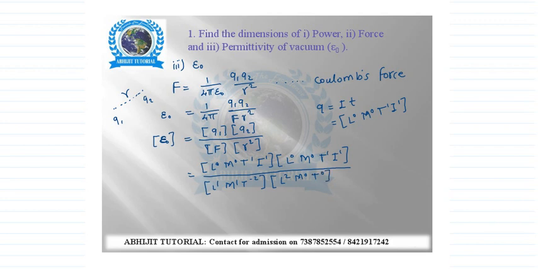By solving this, you will have the dimensions of permittivity as L to the power minus 3, M to the power 1, and for T, it should be T raised to 4, since the minus 2 in the denominator goes to the numerator and becomes a plus 2, and 2 plus 2 makes 4. So T to the power 4, and for the current it should be to the power 2.